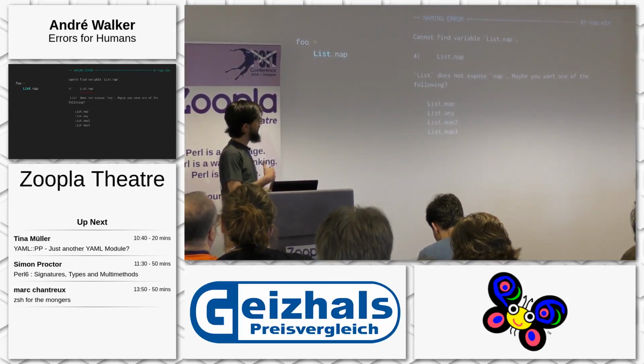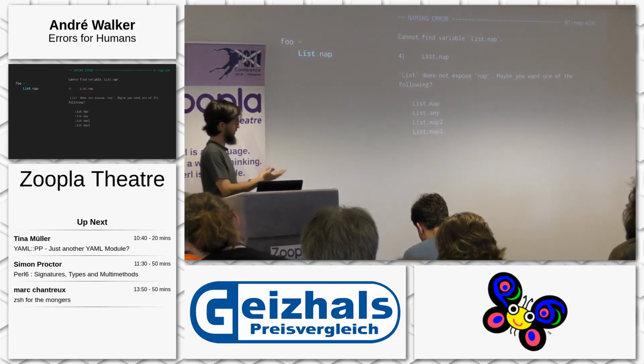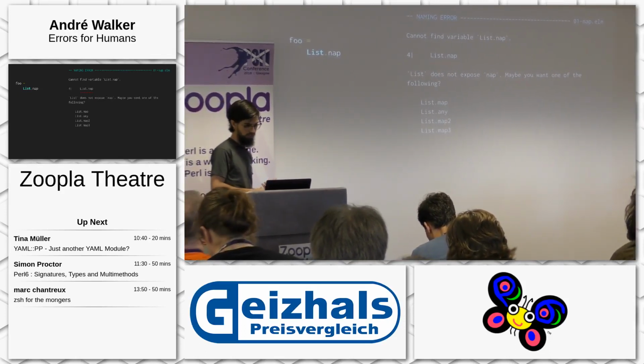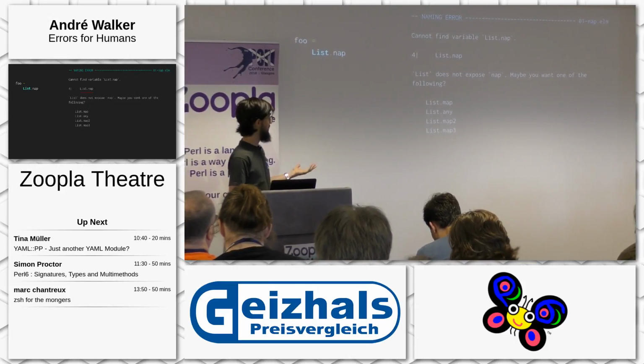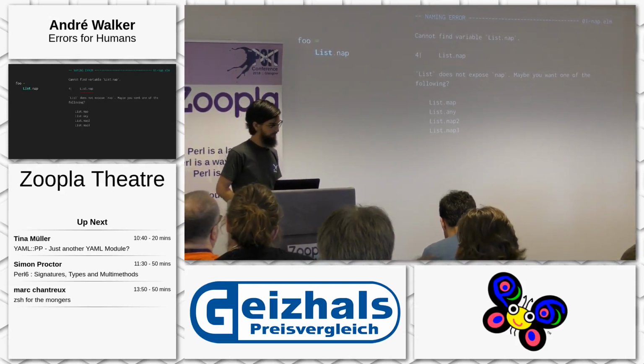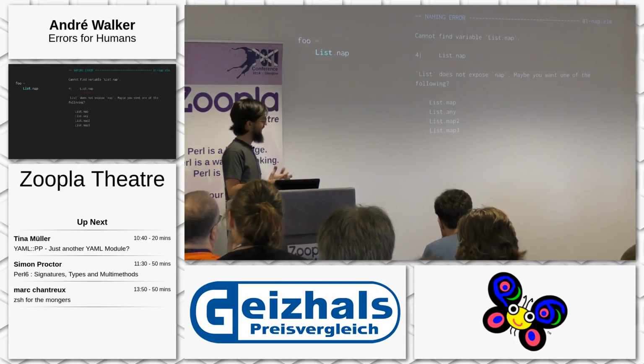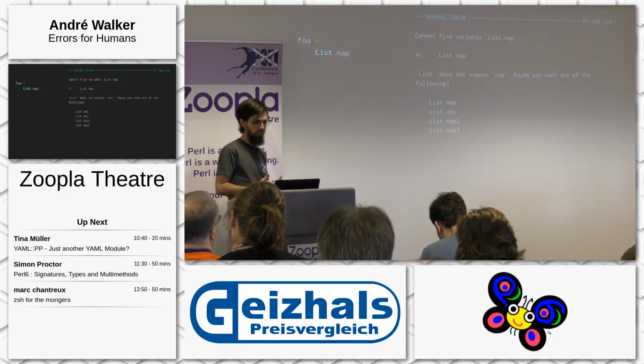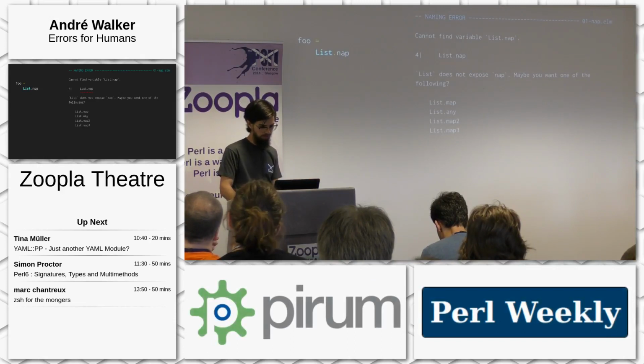There's not too much extra information other than what is actually required for you to understand what's going on. It suggests a solution, so maybe you want one of these. So overall, it looks like a lot of thought went into what the user experience would be for the user using the language.